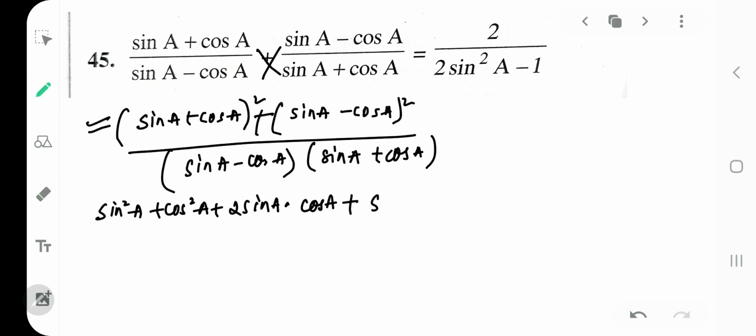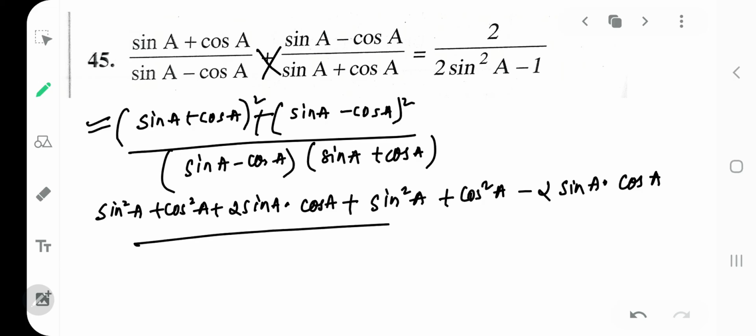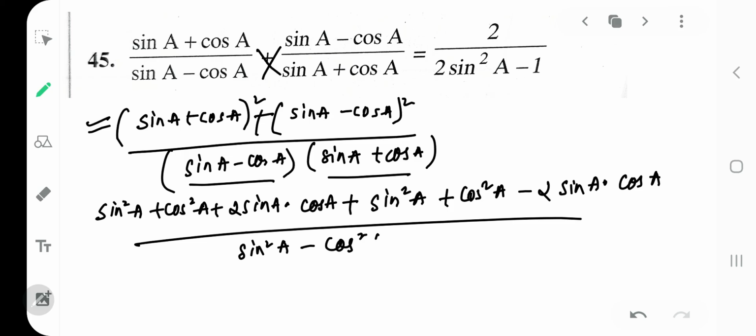So you have to open this: first term square plus last term square minus 2 into first term into last term, upon you have a plus b, a minus b, that is sine square a minus cos square a. Are you getting my concept clear?